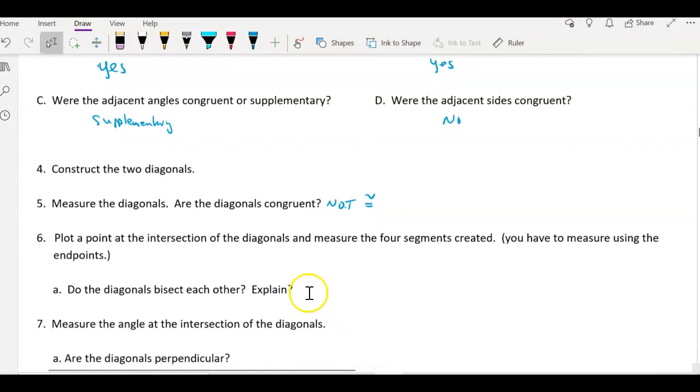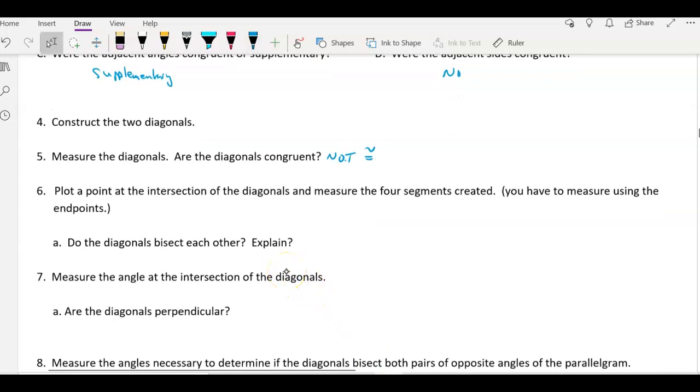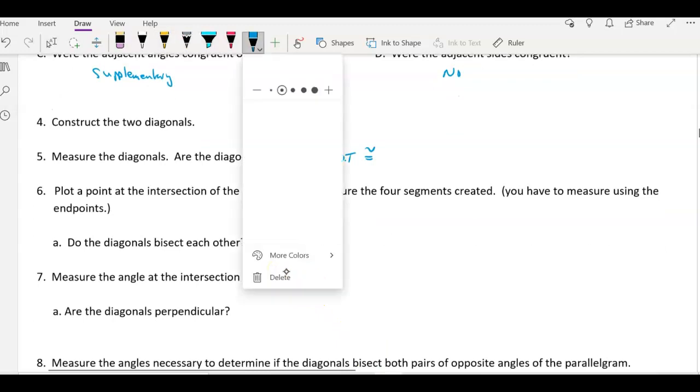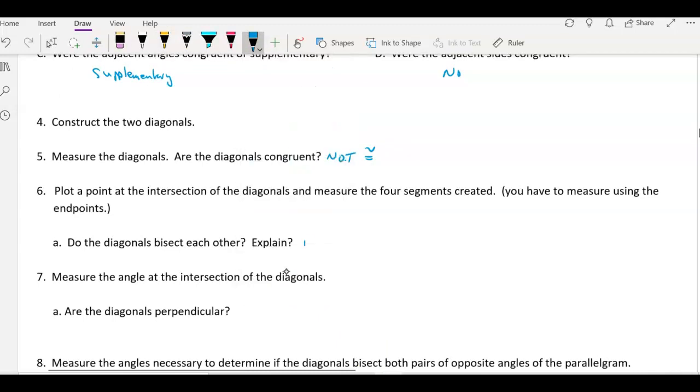Therefore, what we say here is the diagonals bisect each other, because that intersection is the midpoint.